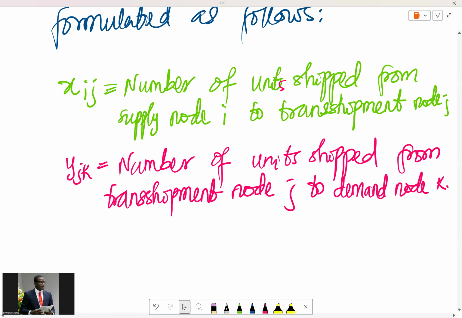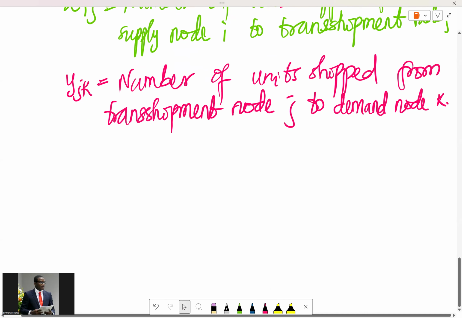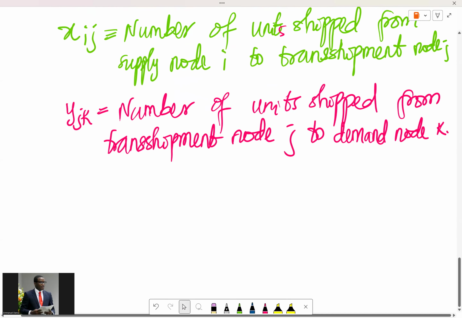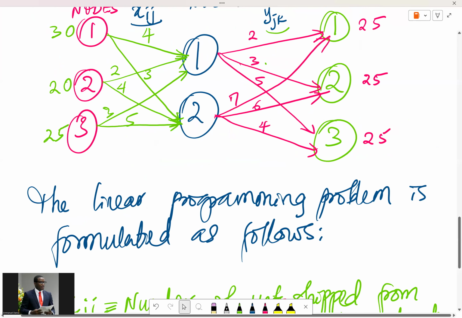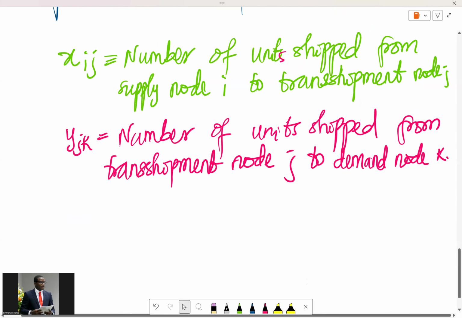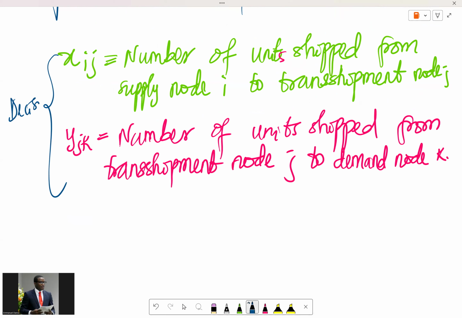So that's how that goes. All right, just like that, these are your decision variables.